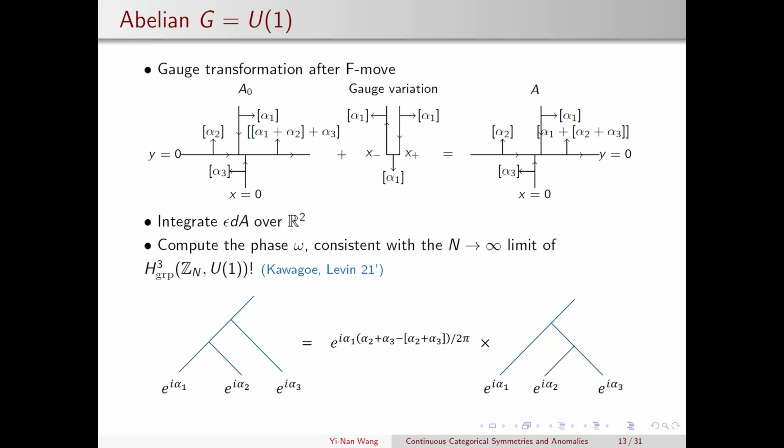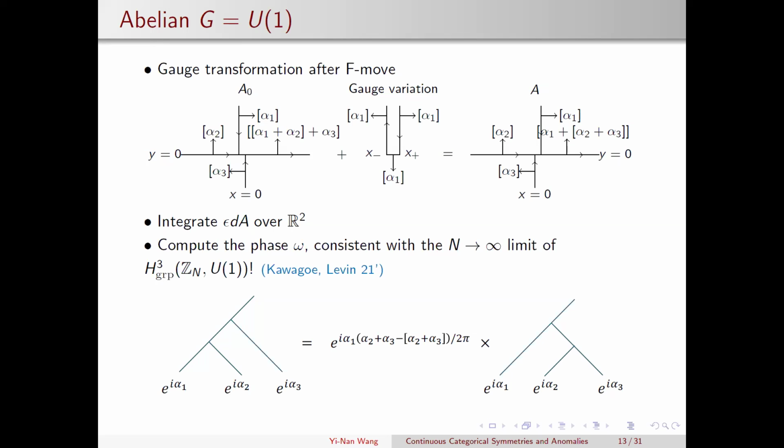And it also doesn't correspond to, say, A cup B cup C. Yeah, it looks like A cup B cup C. Then it's A cup B cup C, right? And that's a U1 3-cocycle.